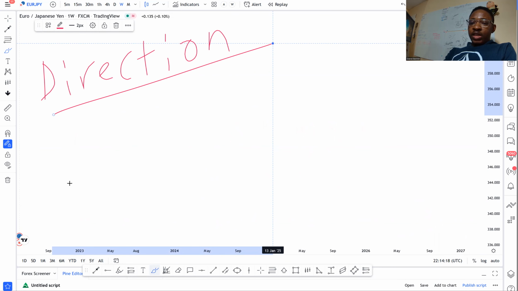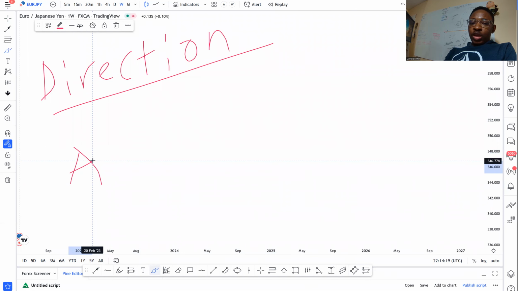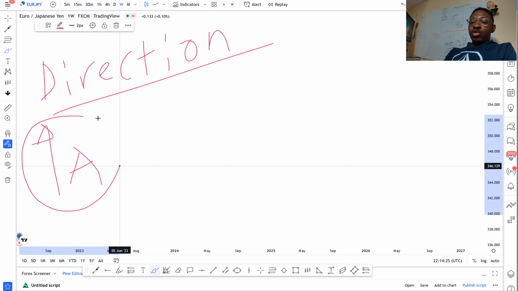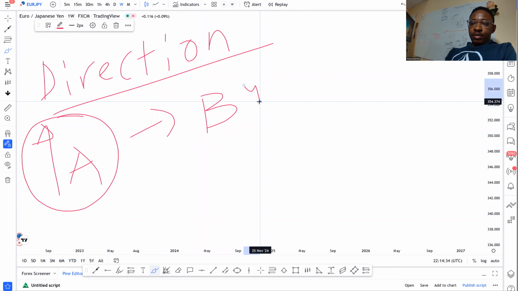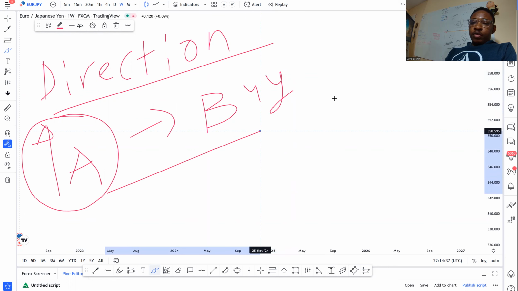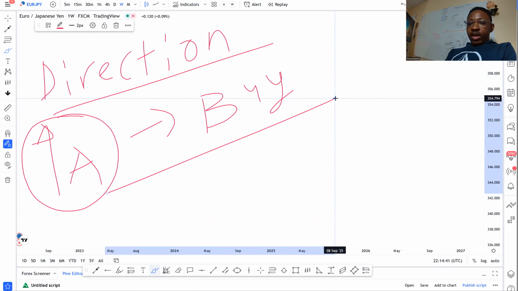So if the A team is in control, then it means the market is going to go up. Then it means you are predicting that the market will go up. And if the market goes up, for you to make money, you have to buy. So if you buy it and it goes up, you would make money.